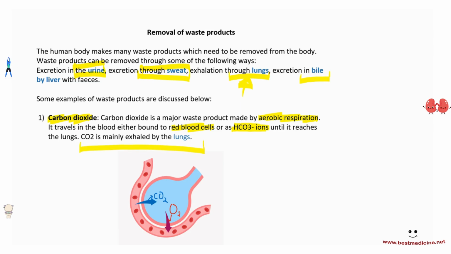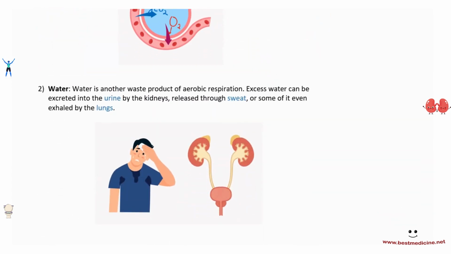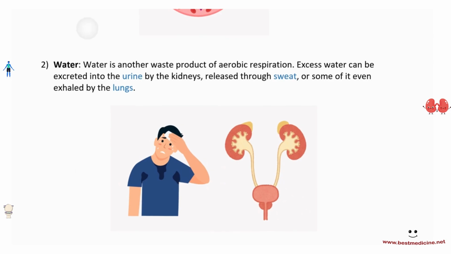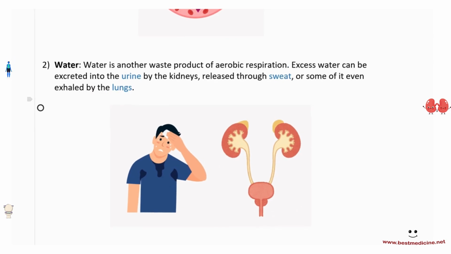Okay? Number 2, we have water. Water is another waste product of aerobic respiration. Excess water can be excreted in the urine by the kidneys. Also, it can be released through sweat, and some of it can even be exhaled by lungs. Really? Do you know about this?